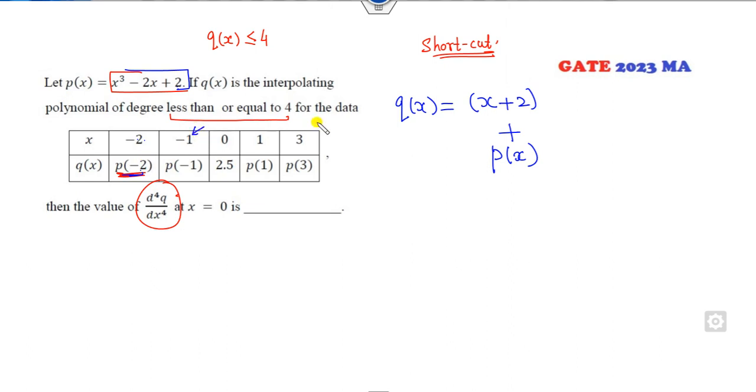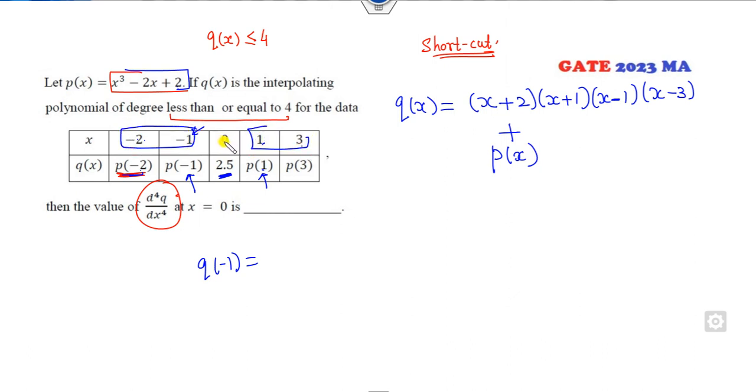Same I can do for here. What is the value of q minus 1? This part be plus 1, it's a 0, again it's a p of minus 1, satisfied. Because it is not dependent on the p, so I can skip that. It is a plus 1. Again, it's satisfied, it's a p of 1, and this is again satisfied. So all these 4 points are satisfied.